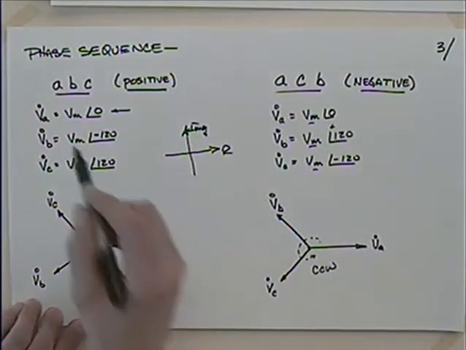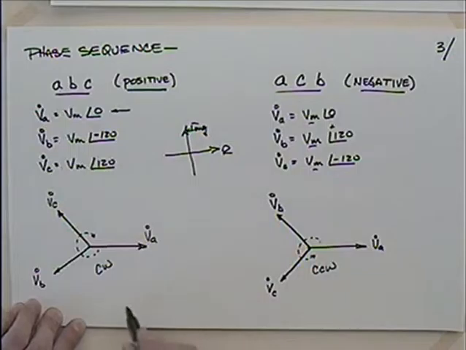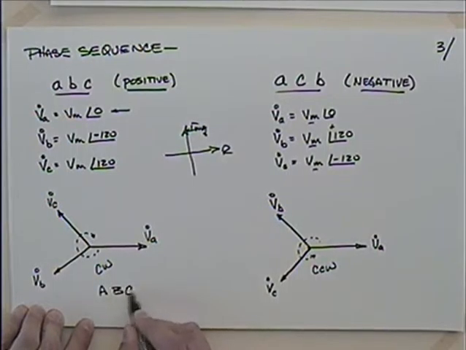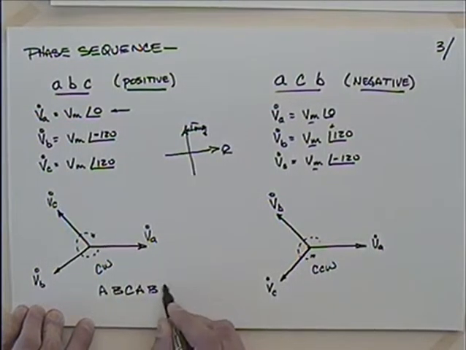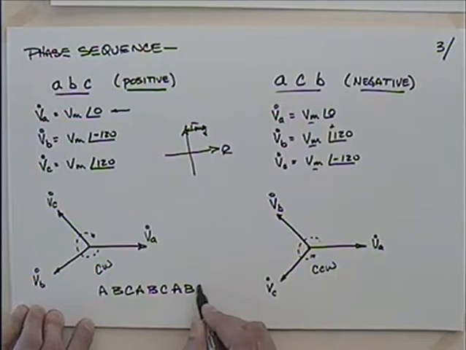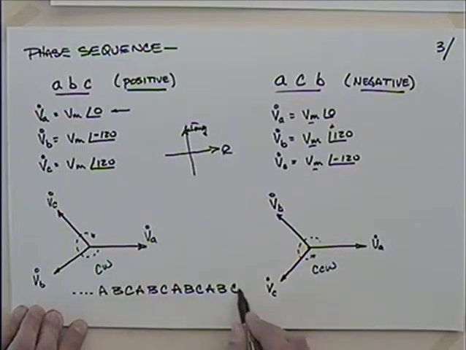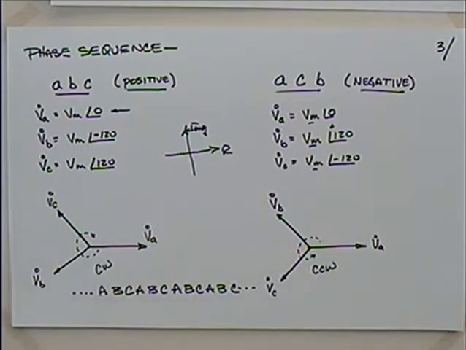For instance, let me think about taking this positive phase sequence, ABC. I'll write this down here: A, B, C, A, B, C, A, B, C, A, B, C. Did I get that right? Yep, good. If you think about the phases, that's the order they're going to come in, from negative infinity to positive infinity.